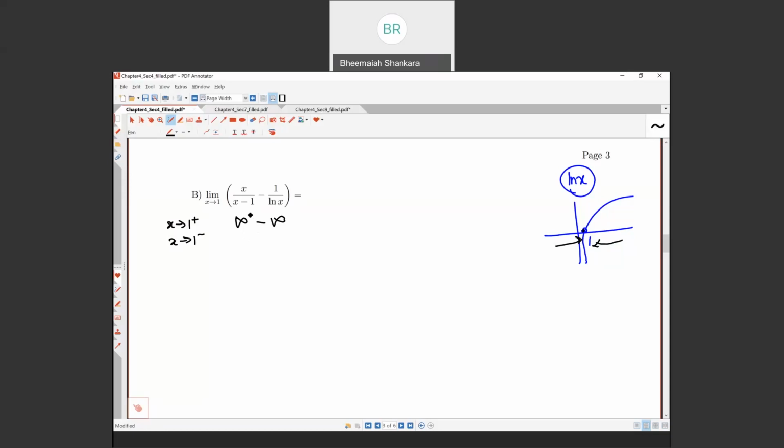And then plug in 1 over ln 1, with x approaching 1 from the left, you have negative infinity. The curve is going down. So you can write negative infinity, negative of negative infinity. It turns out to be negative infinity, positive infinity, which is the same as this one.